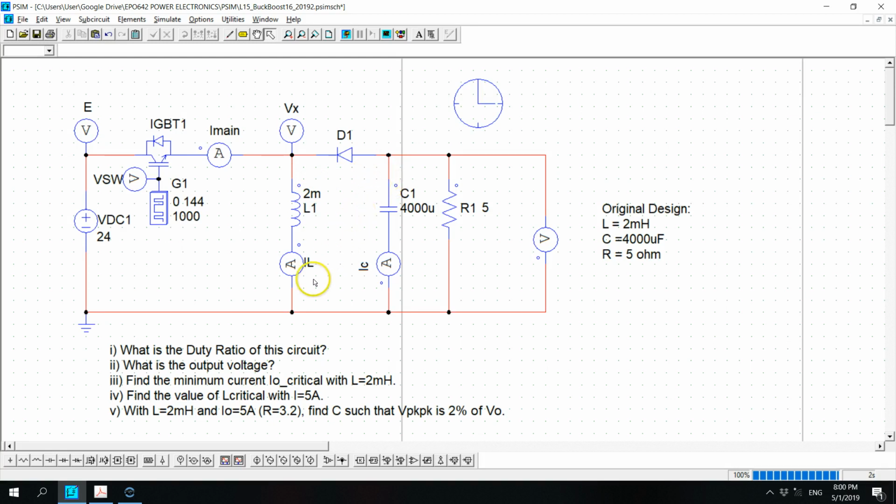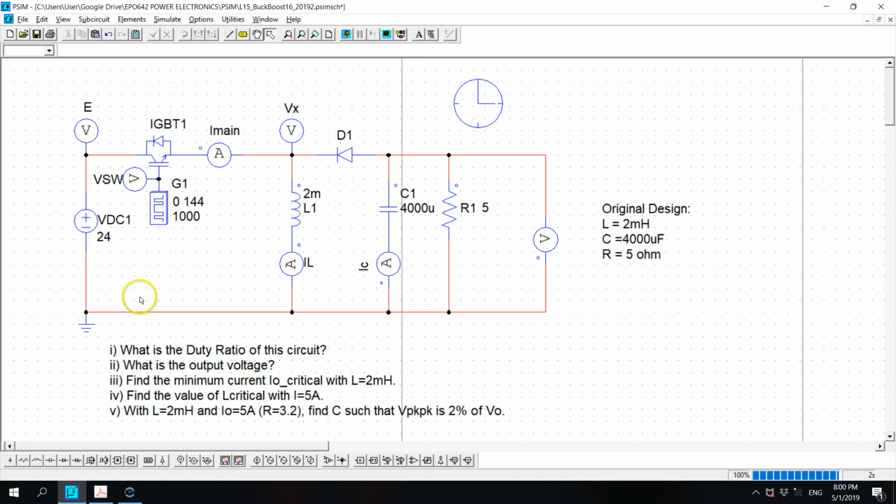Okay, so I'll give you about 1 or 2 minutes. Can you calculate what is the duty ratio of this circuit? Okay, I'll give you just a few minutes to determine what is the duty ratio of this circuit.